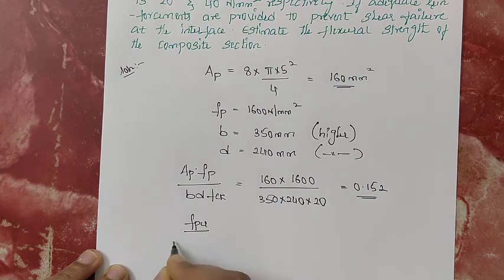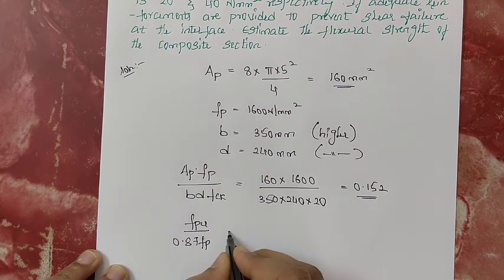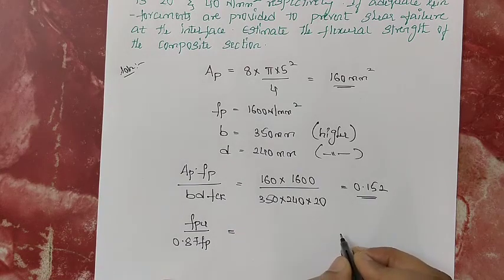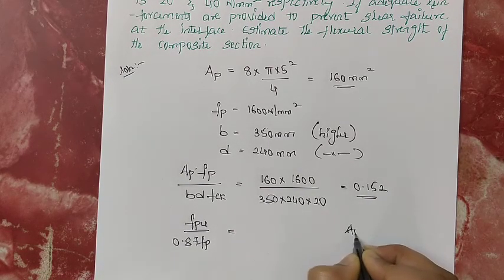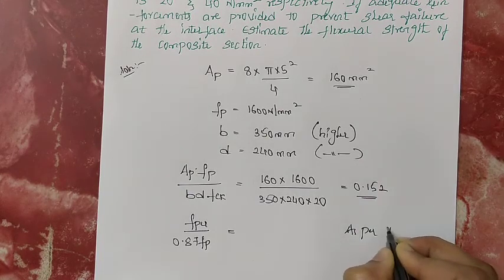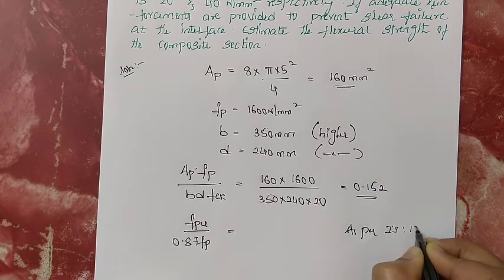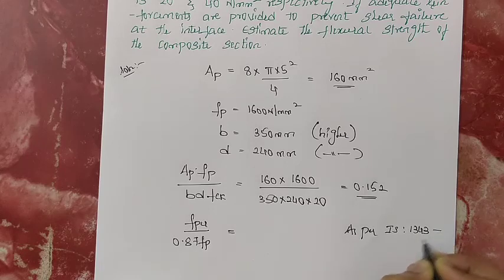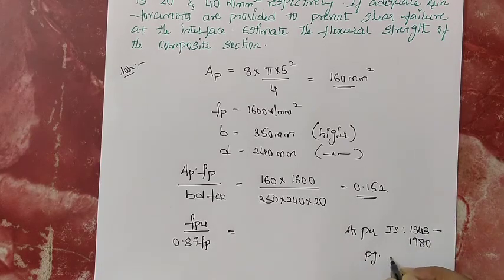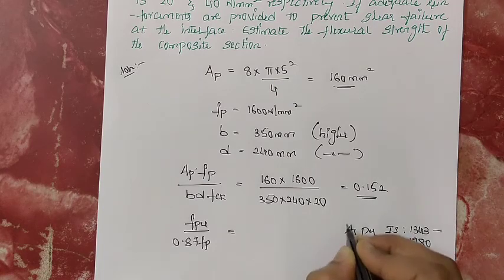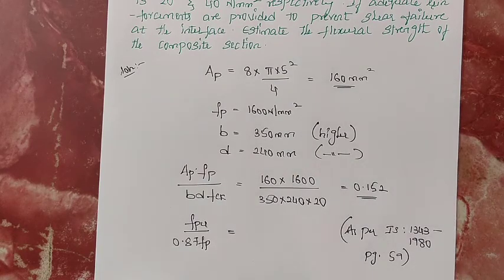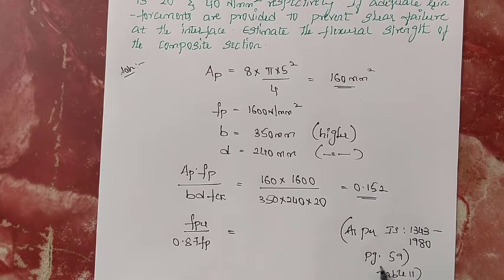Next, you calculate the ratio FPU divided by 0.87 FP. It is in the code book, that is as per IS 1343-1980, page number 59, Table 11.